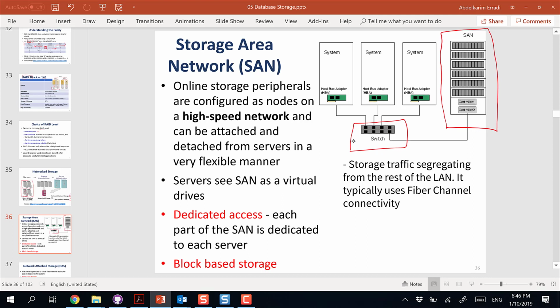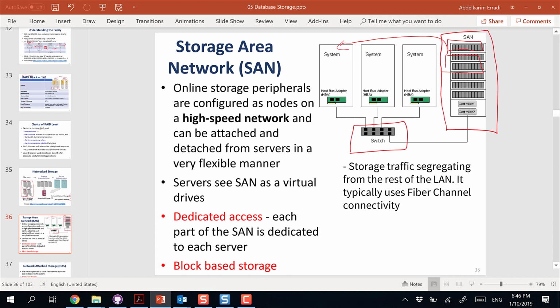You connect these through special high-speed fiber optic channels, a very high-speed network. And then you start allocating some parts of the SAN to each of those servers, depending on the need.